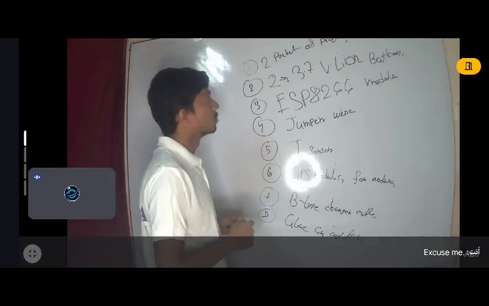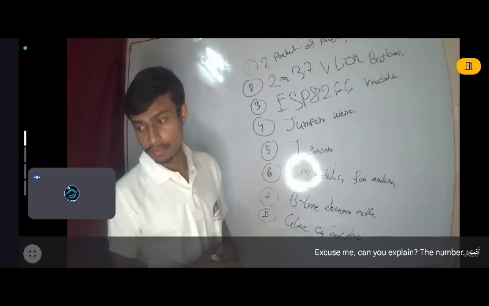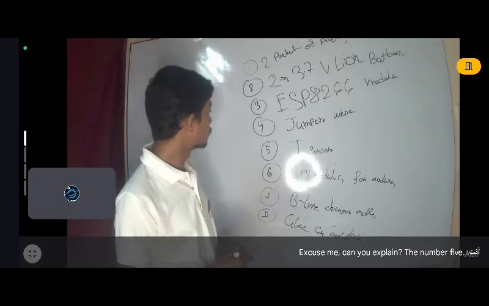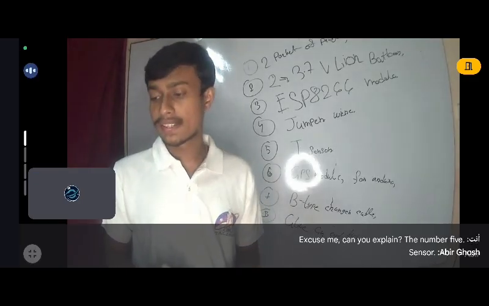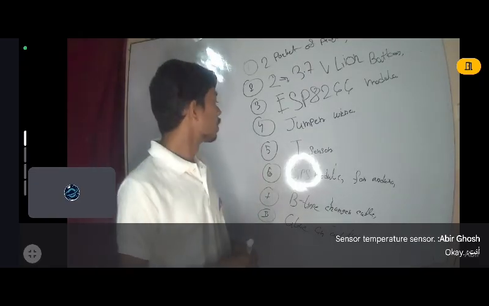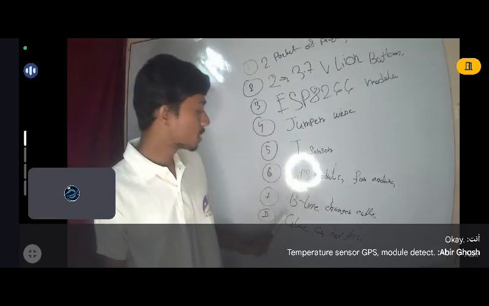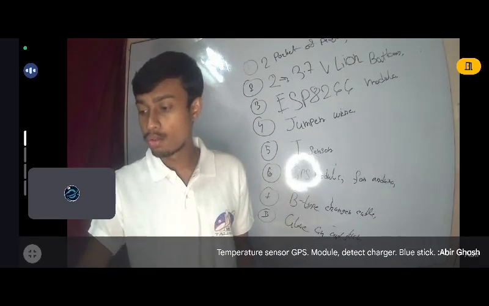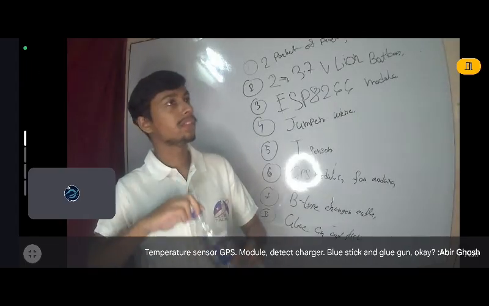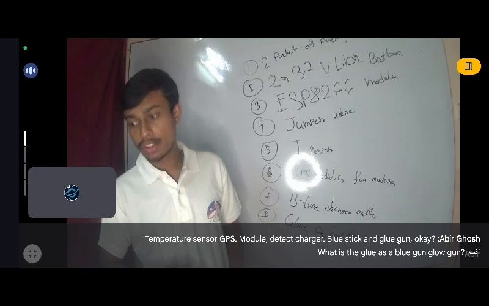Excuse me, can you explain number 5? Sensor, temperature sensor. Okay. Temperature sensor, GPS module, B-type charger, glue stick and glue gun. What is the glue gun? Glue gun, you search on Google.